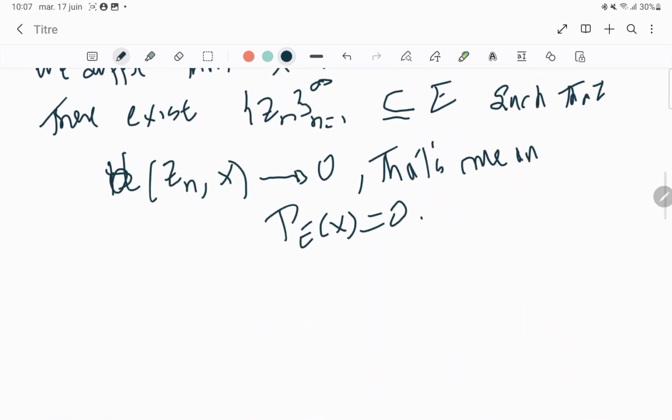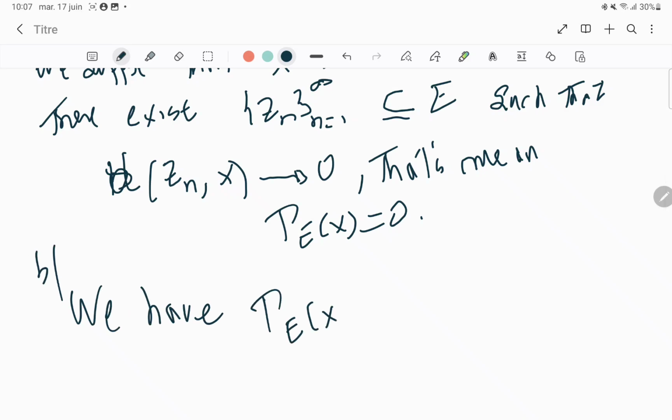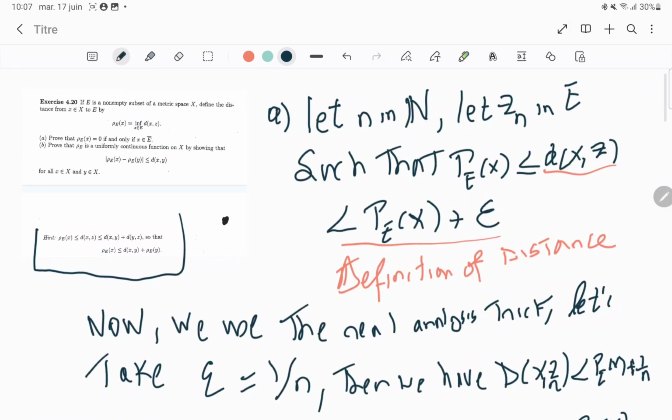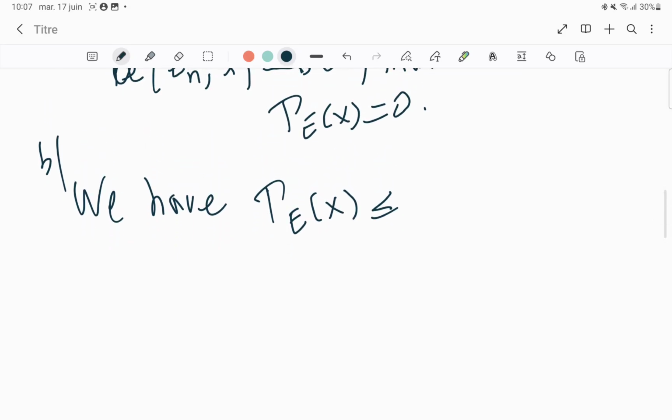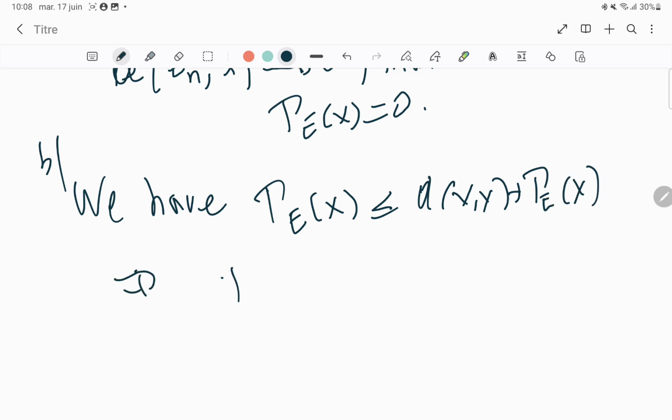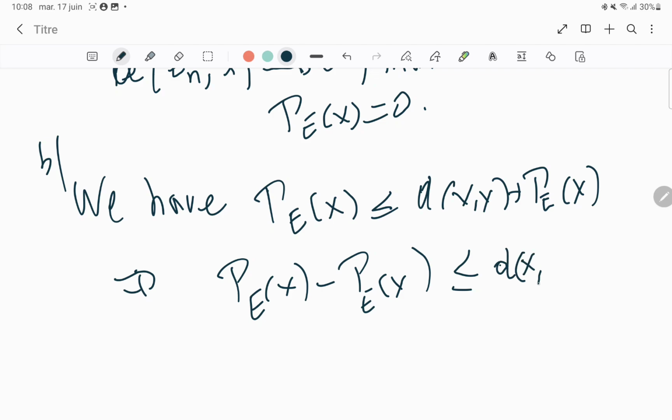We have that ρ_E(x) is smaller than the distance d(x, y) plus ρ_E(y). That implies that ρ_E(x) minus ρ_E(y) is smaller than the distance d(x, y).